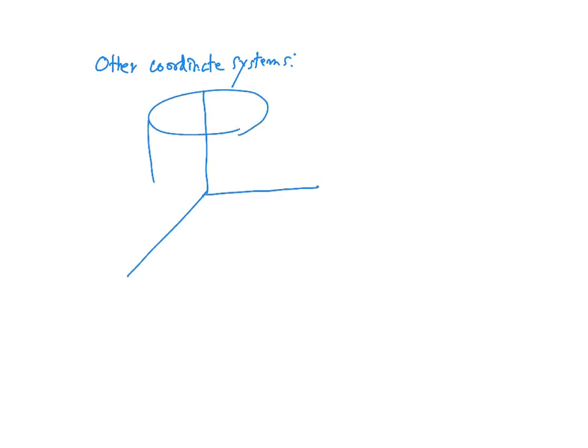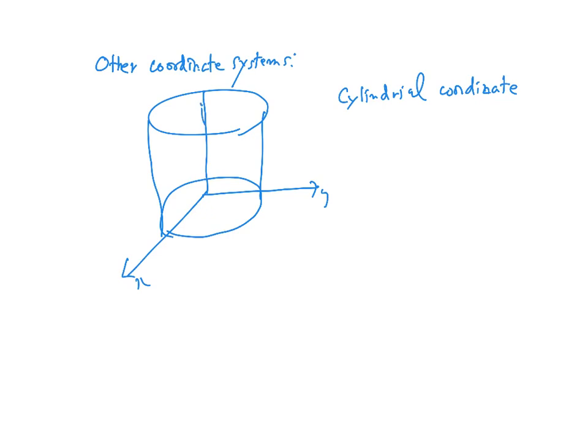Other coordinate systems. For example, one of the most common coordinate systems other than Cartesian coordinates is the cylindrical coordinate system. x, y, z.